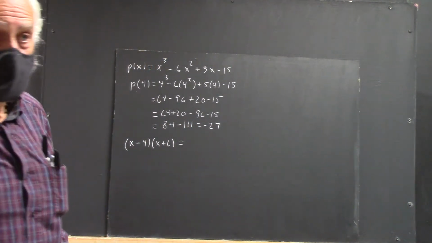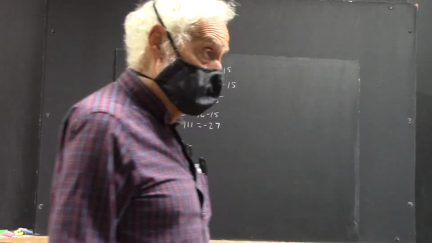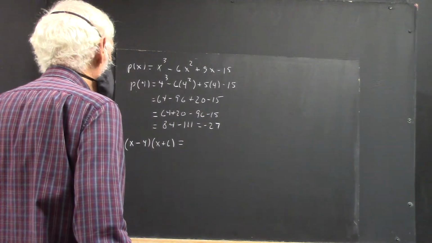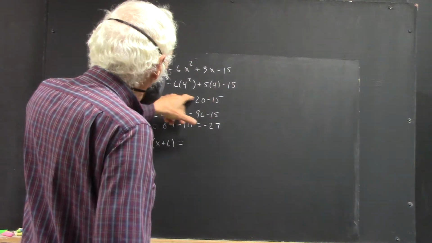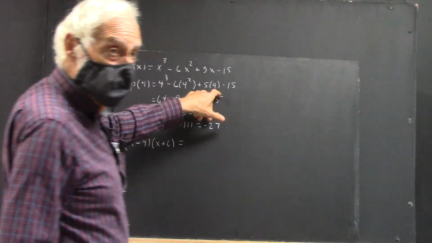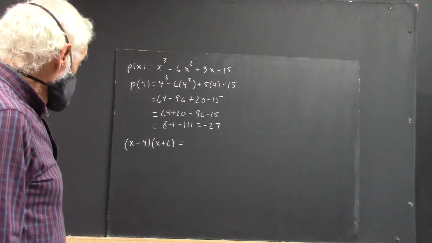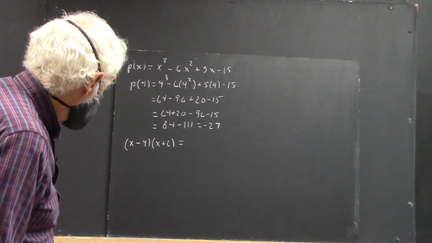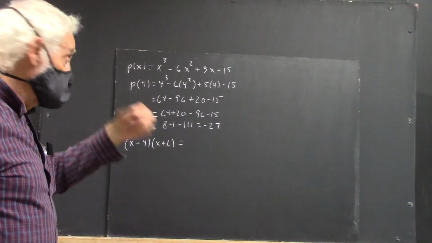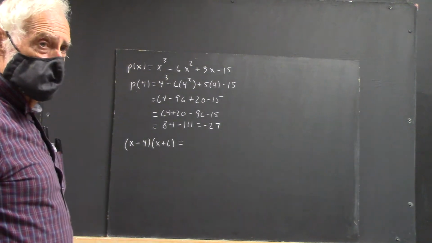Okay? Now I did that quickly because it's very straightforward. Almost everybody did it right unless you messed up the order of operations, which you really don't want to do. Okay? Now everybody pretty much did this one, got the right answer.